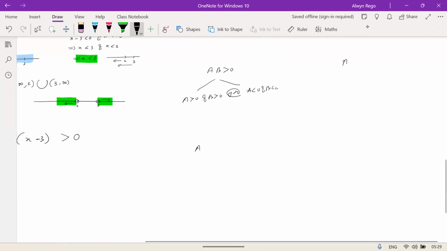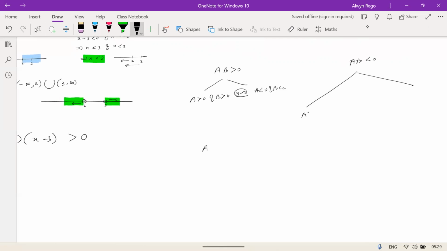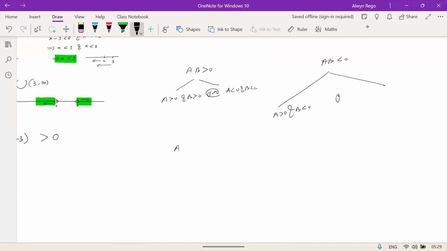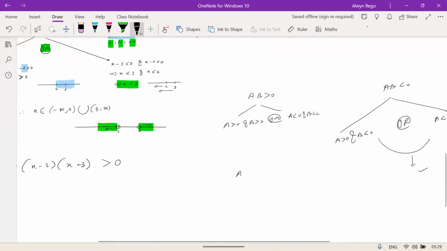Supposing a times b is less than 0, then also you have two conditions: either a more than 0 and b less than 0, positive times negative is negative, or a is less than 0 and b is more than 0. So if I digest these conditions, I will get my inequality.